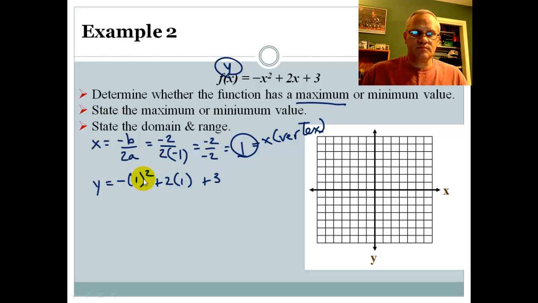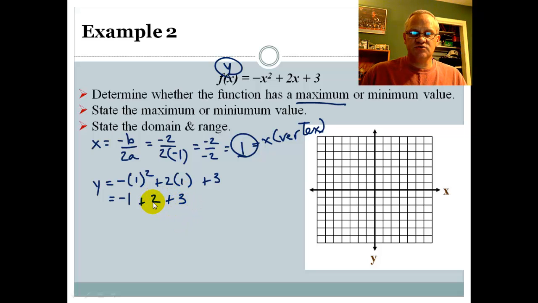Okay? So now notice, be careful here, because you do the x squared before you do the negative, because you don't have parentheses around the negative x where you're squaring everything. The 1 gets squared first. So 1 squared is 1. Then you stick the negative on there, so it's going to be negative 1 plus 2 plus 3.